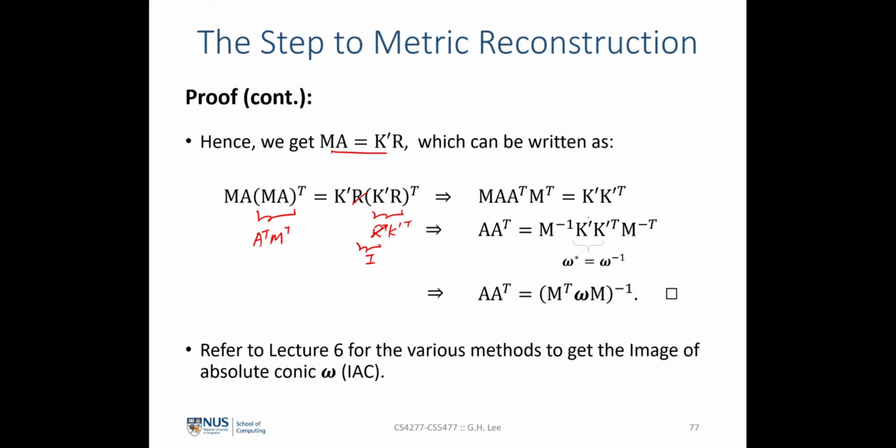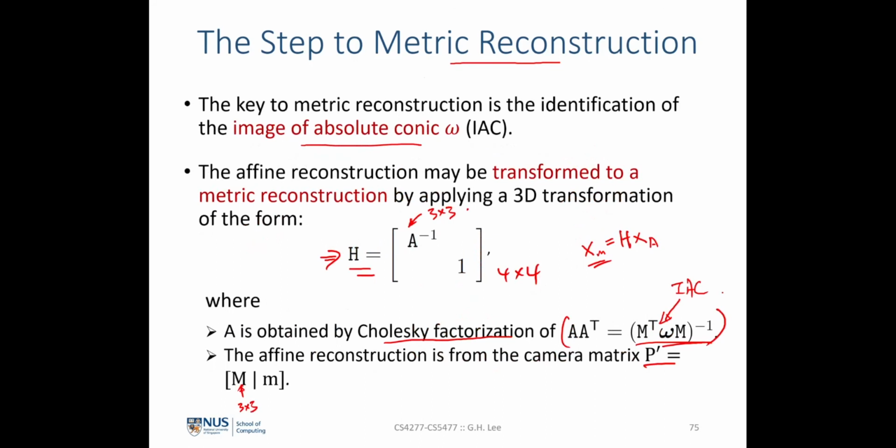Here we notice that K prime K prime transpose is what we defined to be the inverse of the image of the absolute conic in the previous lecture, which we denote as omega star, or simply the inverse of omega. This relation gives us A multiplied by A transpose equals M inverse omega M inverse transpose, which is the equation that we have seen earlier in the previous two slides.